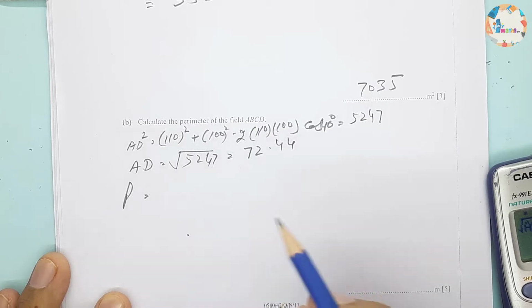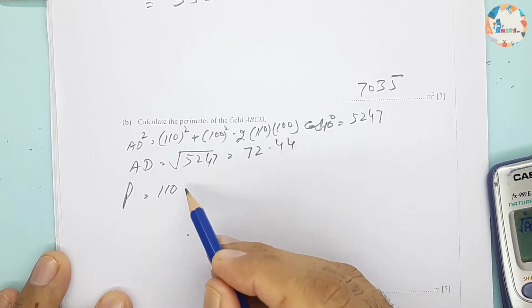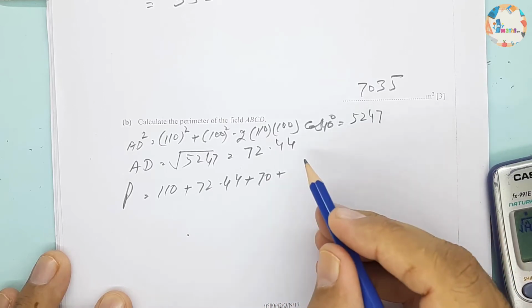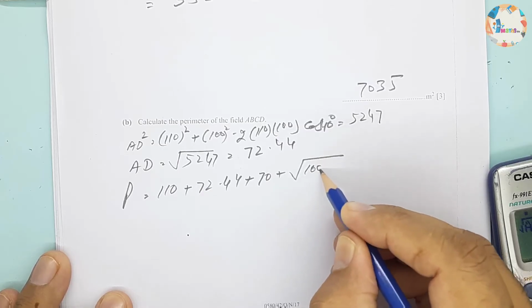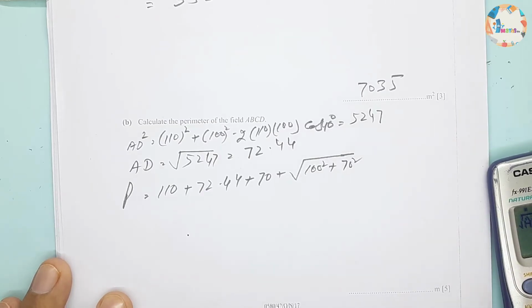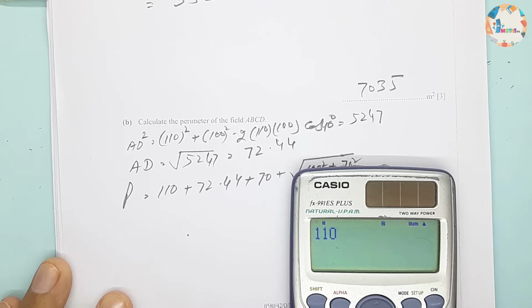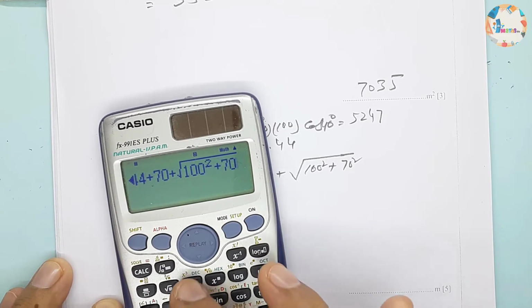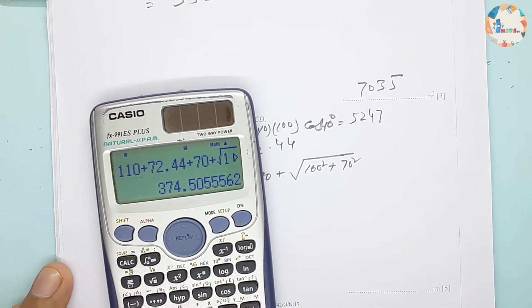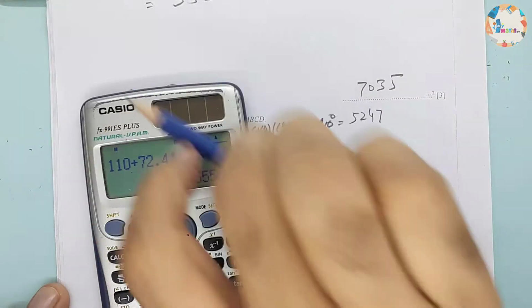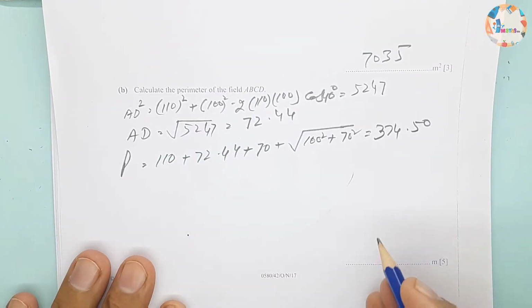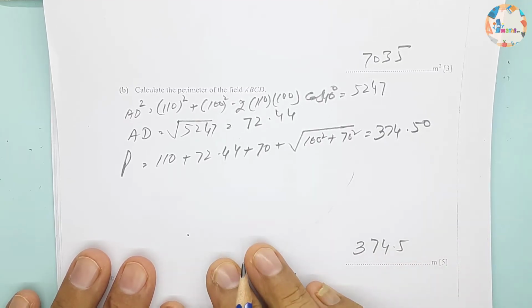So perimeter P will be 110 plus 72.44 plus 70 plus the root of 100 square plus 70 square. Using the calculator, this will be equal to 374.50, and we can write 374.5 at the proper place. This will be our answer.